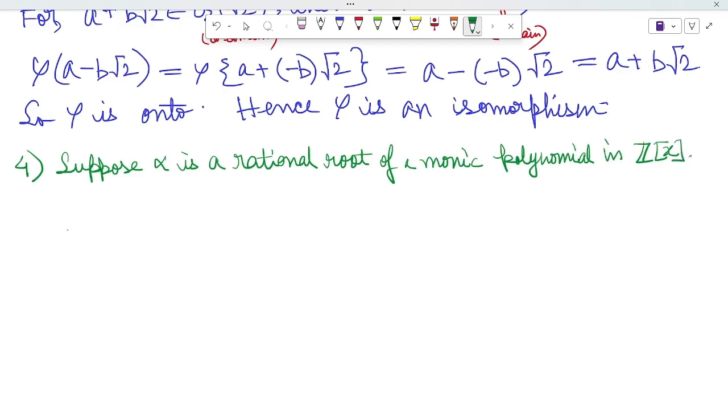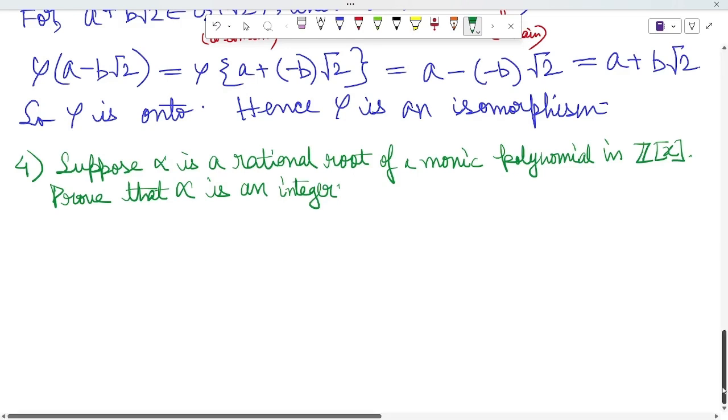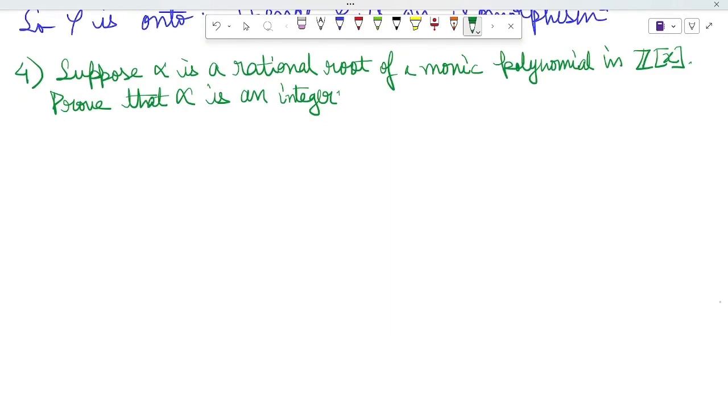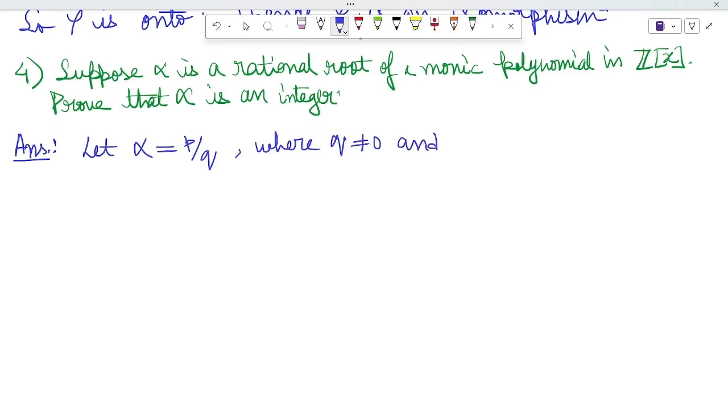I need to show alpha is actually an integer. So let alpha equal p by q, where q is non-zero and GCD of p, q is 1.